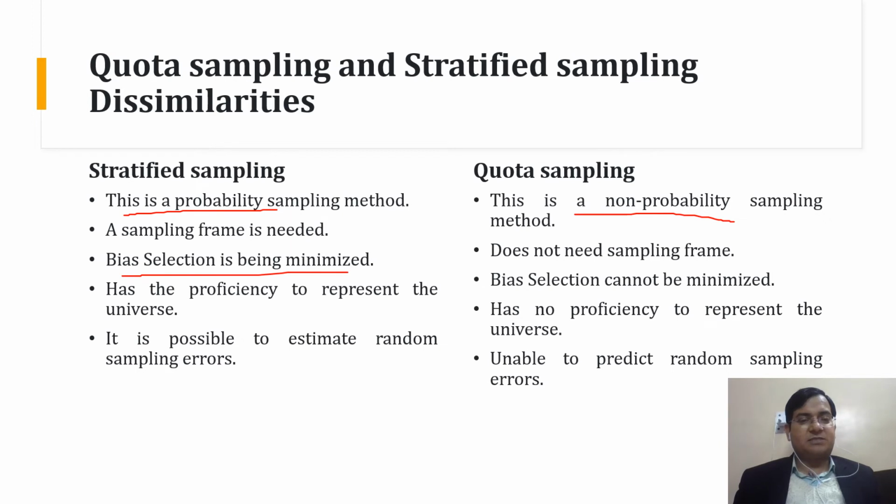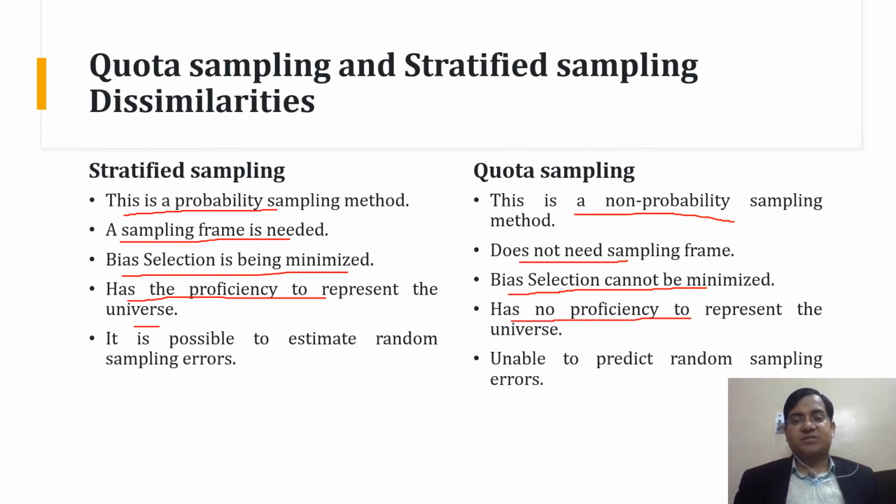Stratified random sampling has the proficiency to represent the universe, but quota sampling does not.